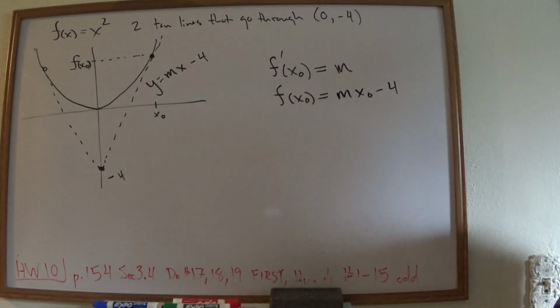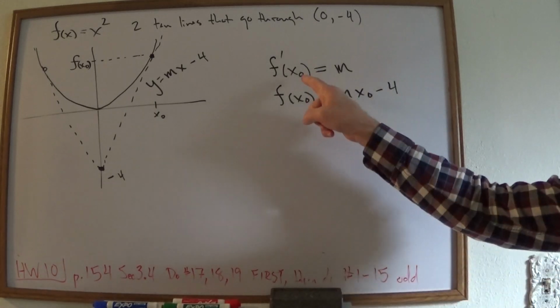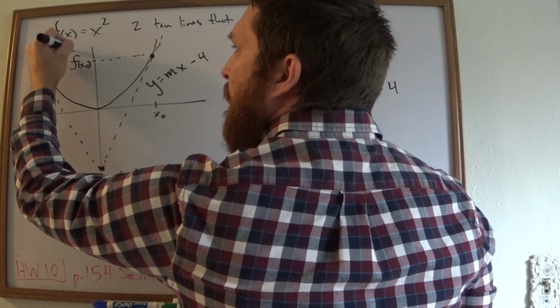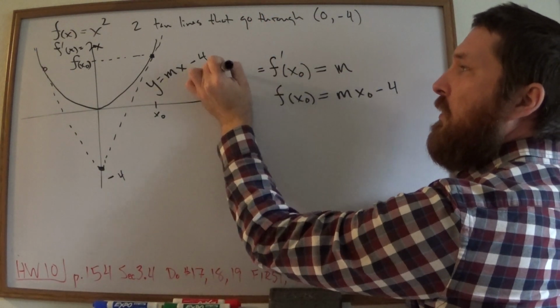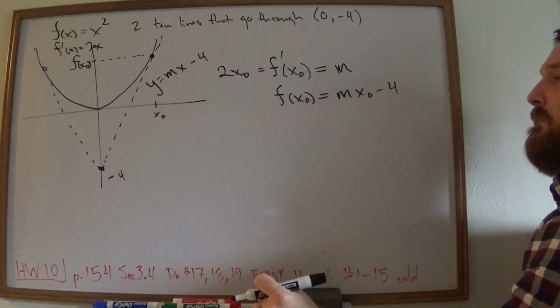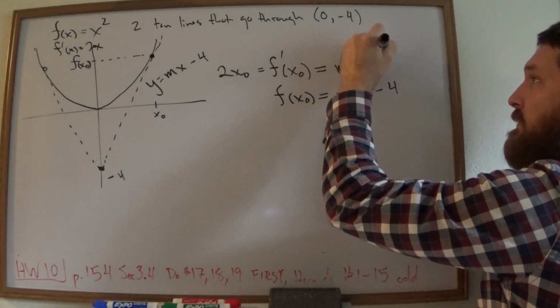So now we have two equations. f prime is just 2x, and so that would be 2x0 equals m.